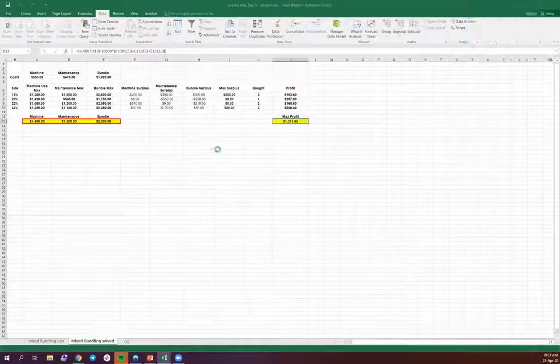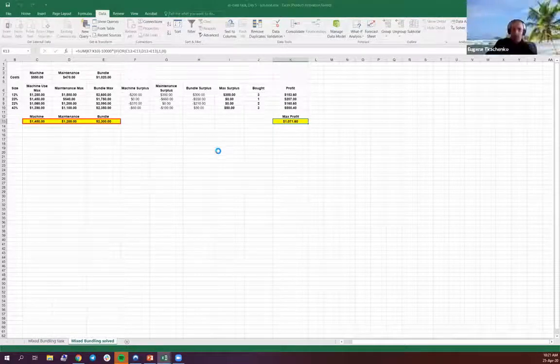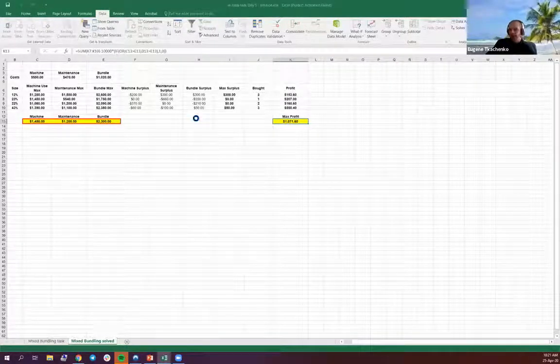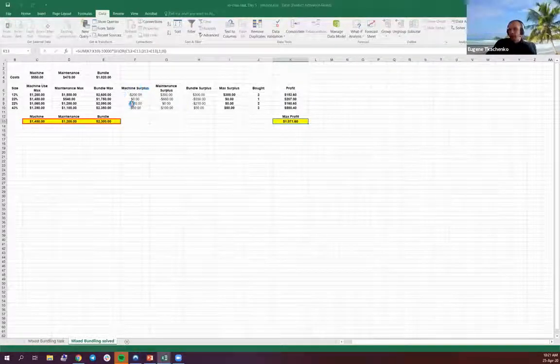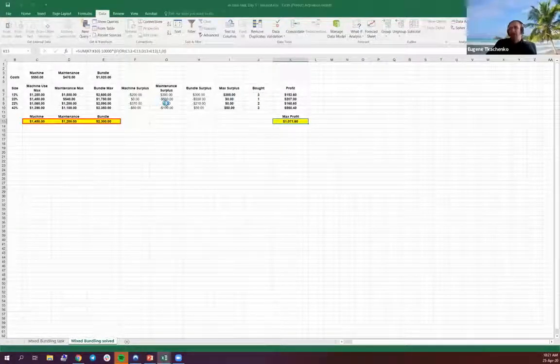Yeah, I guess calculating negative surplus for someone who buys 0 machines should probably not be inside the model. Well, you can tweak it the way you like. For this particular case, it's just a matter of saying that, for example, where machinery surplus equals 0, that person may buy it because it's about the negative number.